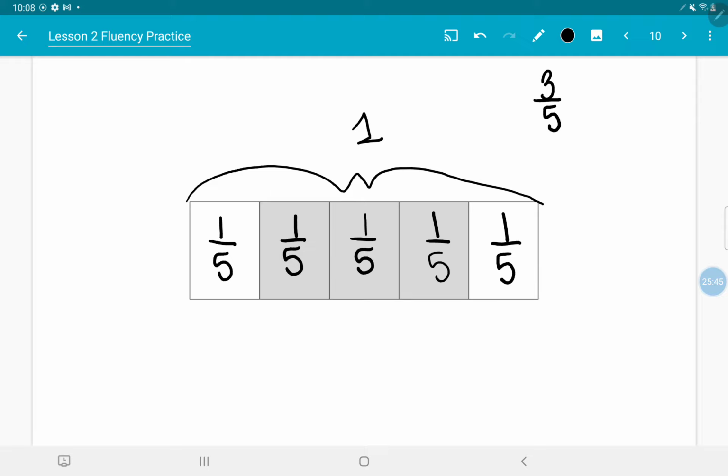How could I show the shaded portion as a sum of unit fractions, Dylan? How can I show that model with 3/5 shaded? What does sum mean? Total. The answer to what kind of problem?